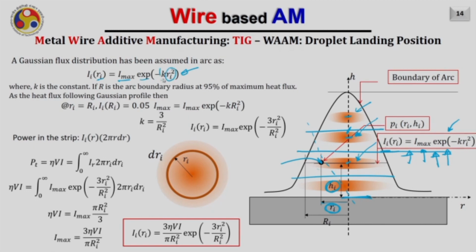Now our objective will be to find out again this constant K, and we have already found it for the intensity distribution in a Gaussian profile in the case of laser. But let us do it again.